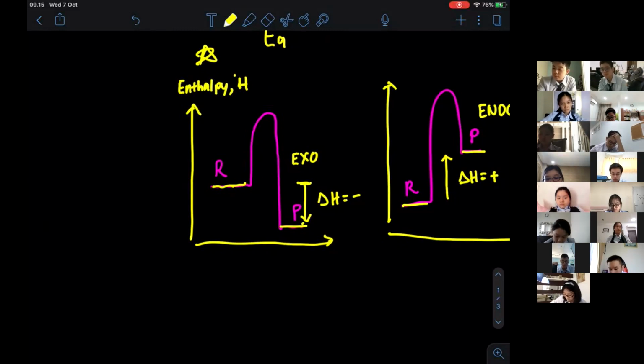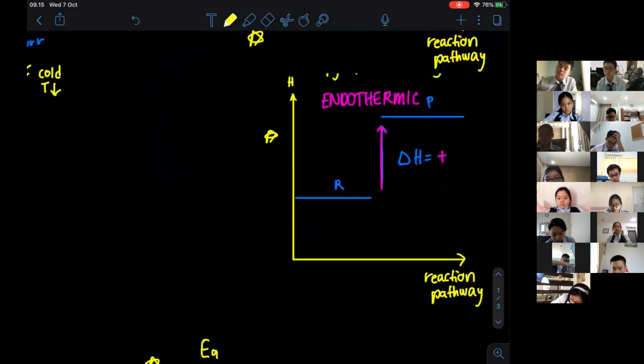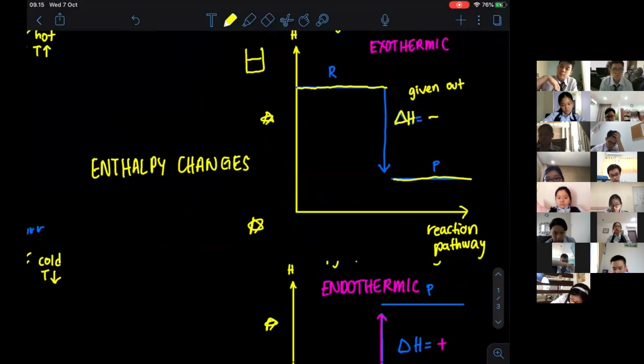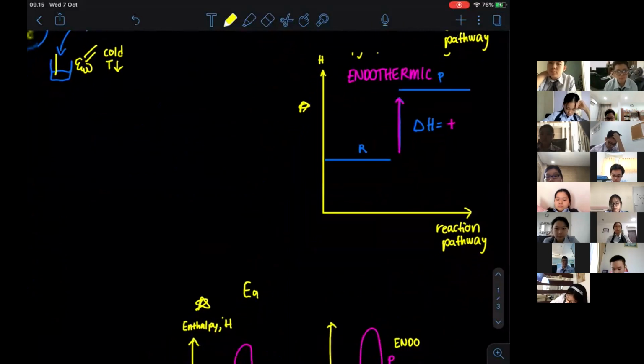It's H, enthalpy. And then this here is going to be progress of the reaction. It's the same as in the previous one. H is enthalpy, and this one is reaction pathway. Progress of the reaction is still the same. Whatever you want to use, please use it. You can say reaction pathway, what kind of path they take, but progress is still the same. So take note of this.